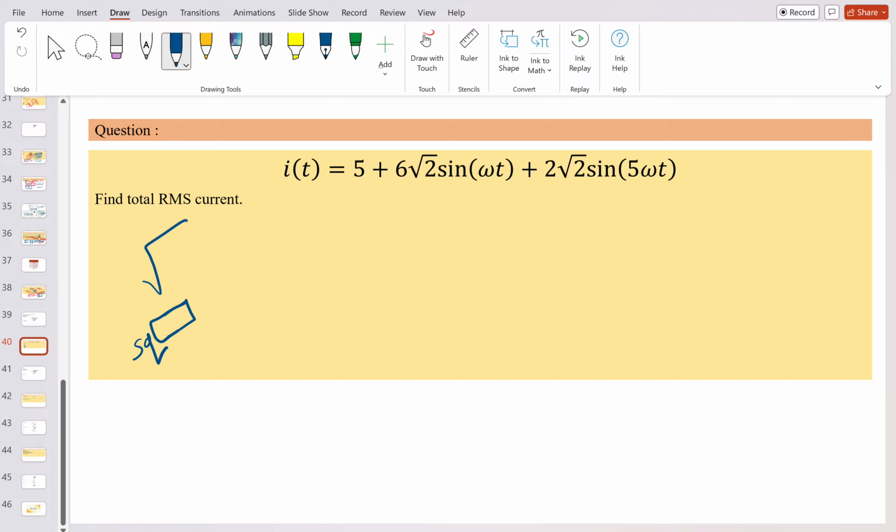Okay, 8.06 amps. Okay, just wait for 10-15 more seconds. After that, I will give the solution.